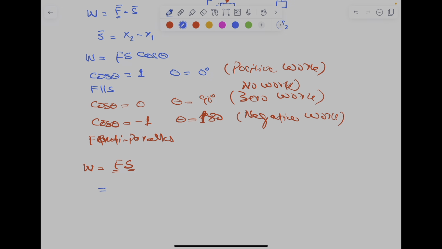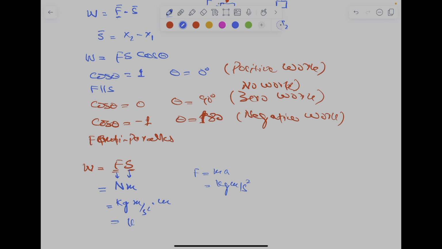The unit of work is Newton meter, because force has a unit Newton and distance or displacement has a unit meter, so it's Newton meter. And we can write Newton in terms of F equals ma, so it's kilogram meter per second squared, into meter.